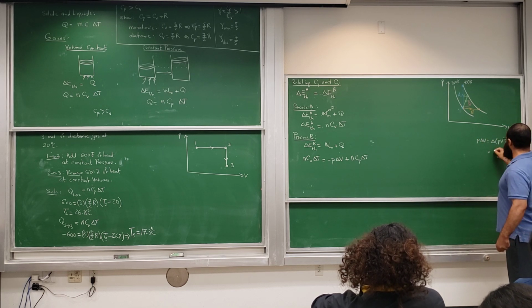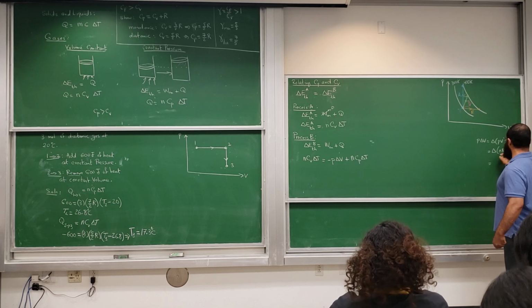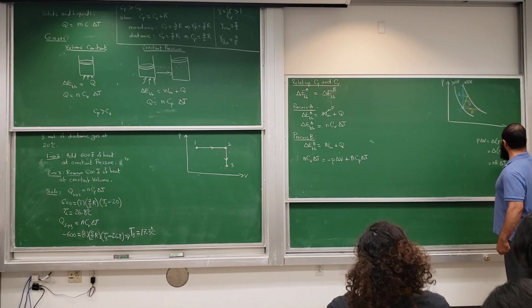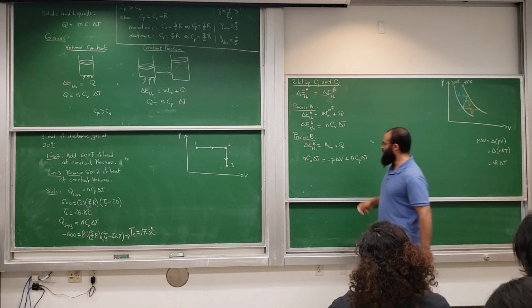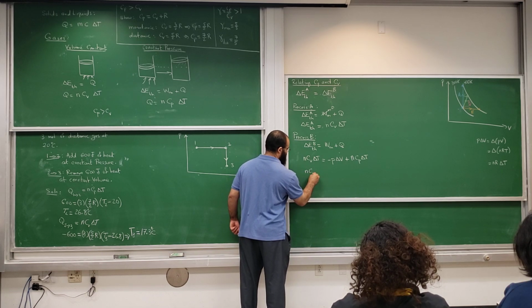And then PV is equal to NRT, so we have delta NRT, and since N and R are constants, we have NR and then delta T, so we're going to replace that by NR delta T, and be done.